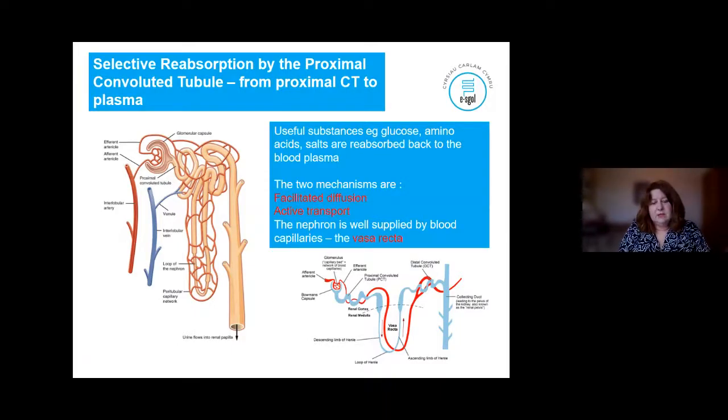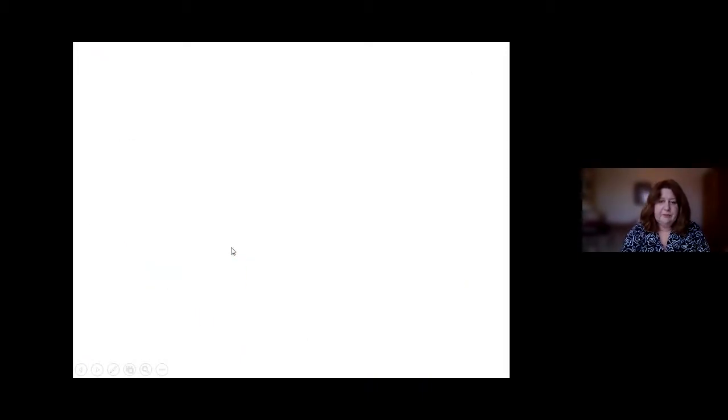And where are they reabsorbed to? Well, they're reabsorbed into the blood supply, which surrounds the whole of the nephron. You might be able to see it around the diagram, because it's very richly supplied with blood. I'm pointing to it here, and those blood capillaries are known as the vasa recta.